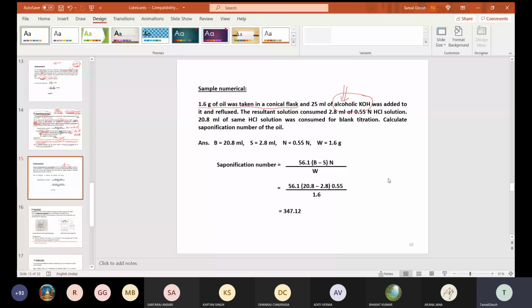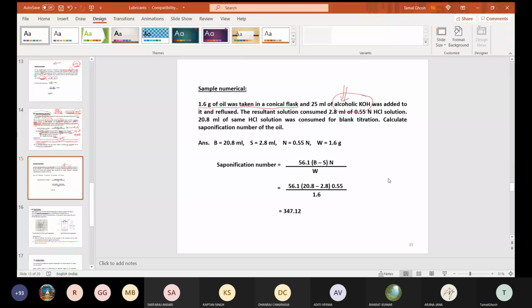To solubilize that oil in the same phase in which KOH is present, alcoholic KOH is used here. Once they are in the same phase, only then will the reaction take place. So 25 ml alcoholic KOH was added and refluxed.